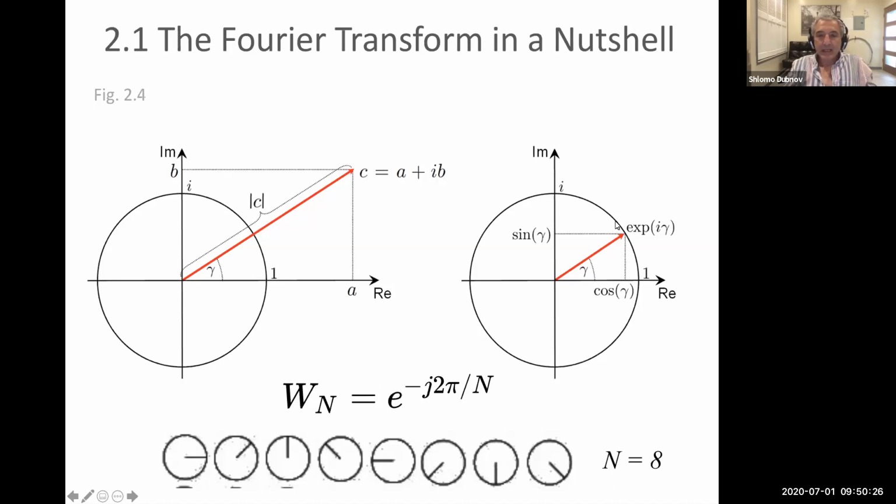When you take the second one, we just multiply this by 2, or take this as a power of 2. We will reach here and here and here, and it will keep on rolling around. And this is a demonstration. This is Wn to the power of 0, Wn to the power of 1, Wn to the power of 2, 3, 4, 5, 6, 7, and 8. We come back here.